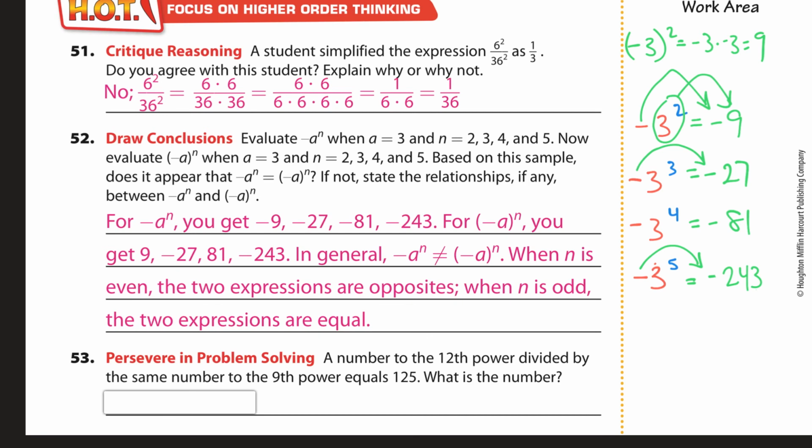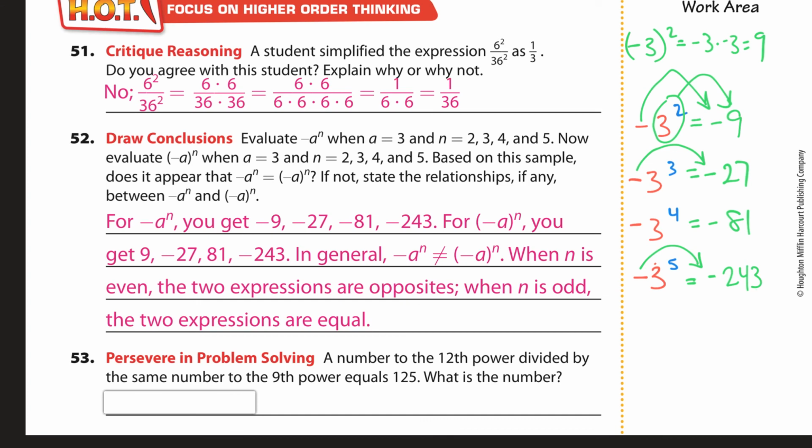Yes, so when n is even, 2 and 4, the two expressions are opposites. That's what I was showing you right here. When you have the negative in the front, it's negative 9, and the negative inside is positive 9.